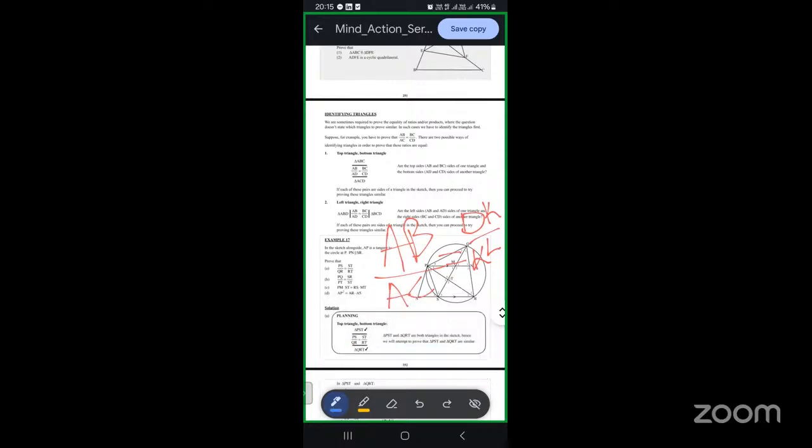What you are going to do here is look at the equation on the left hand side. You will look for the three letters that can give you a triangle. For instance, in this side, A, B, C are the letters that can give us a triangle. So you will go to your diagram and look for the triangle ABC. Then you go for the other part on the right hand side of the equation.